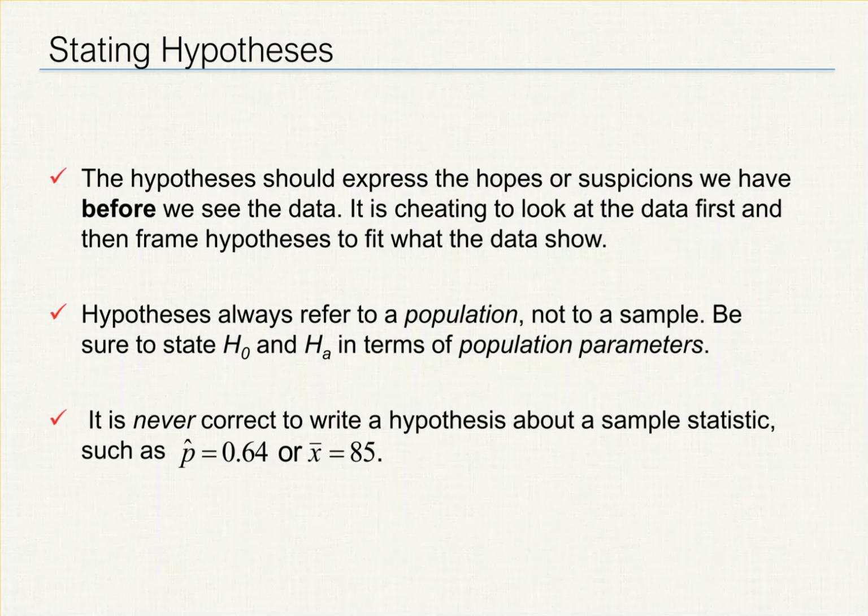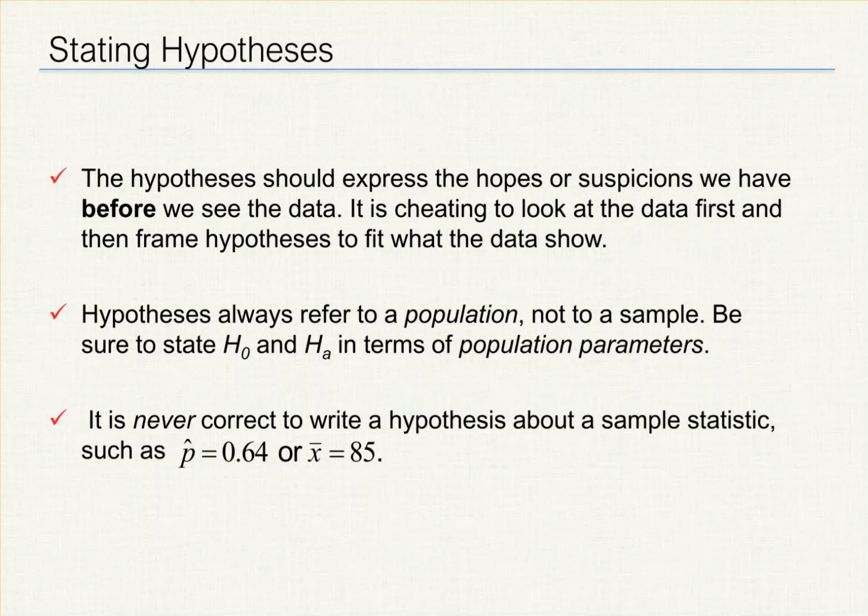If we have enough data and look at enough different things, we're going to find something that looks statistically significant, whether it is or not, just by the sheer choice of things we can manipulate. Sometimes people will run a study, look at the data, and manipulate the variables they're looking at until they get something statistically significant, and that is the incorrect way of doing it. You're much more likely to find something misleading that way than if you do it the correct way, which is before we see the data.